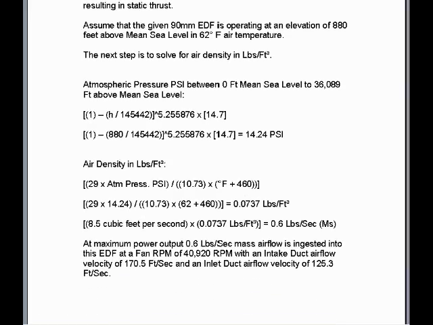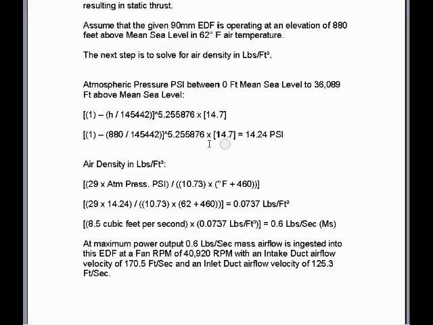Assume that the given 90mm EDF is operating at an elevation of 880 feet above mean sea level in 62° Fahrenheit air temperature. The next step is to solve for air density in pounds per cubic foot.